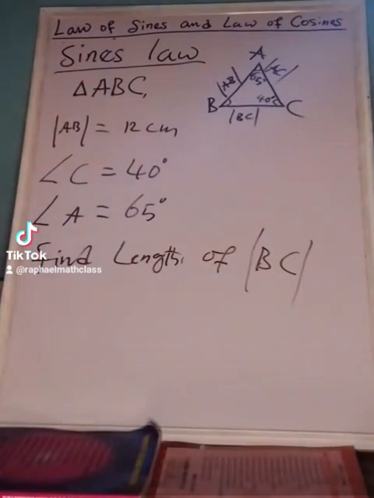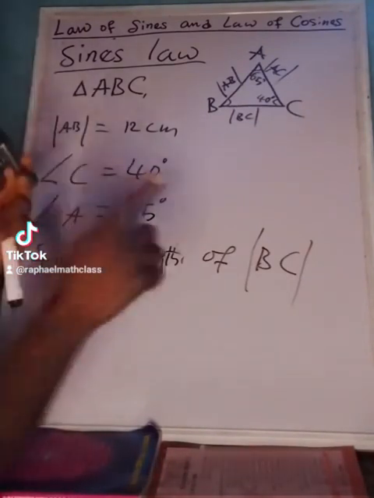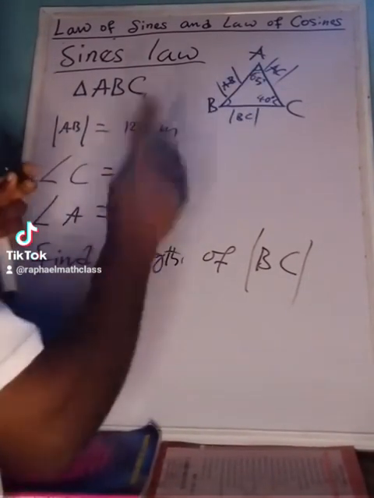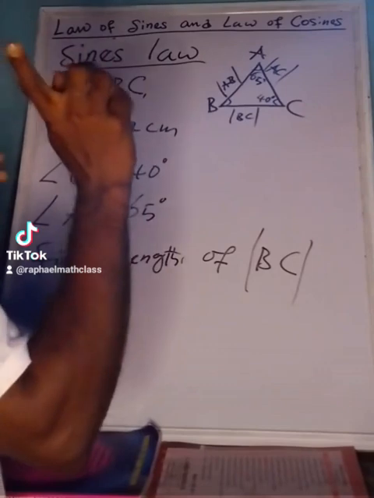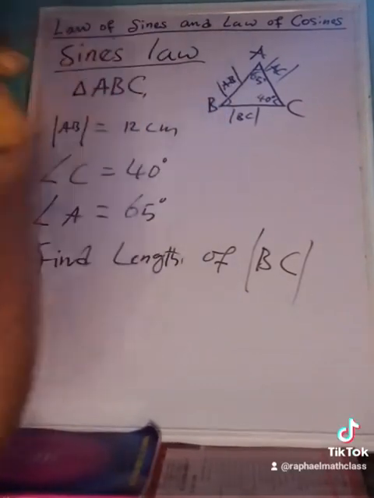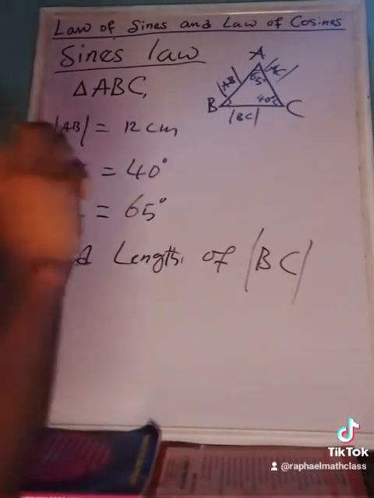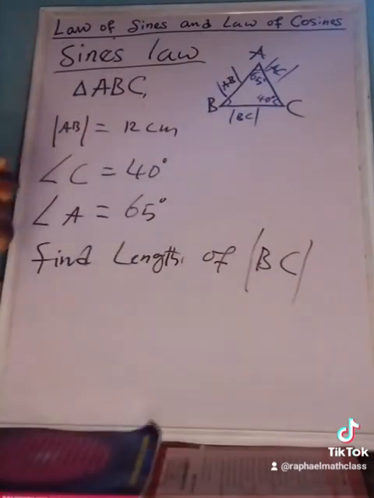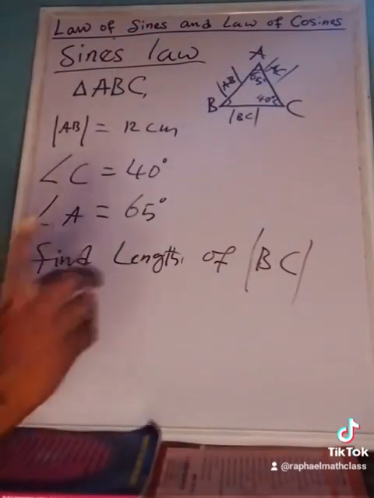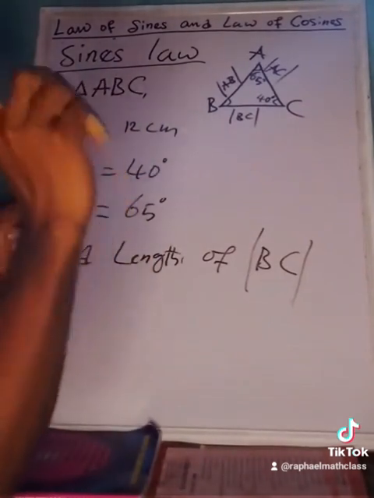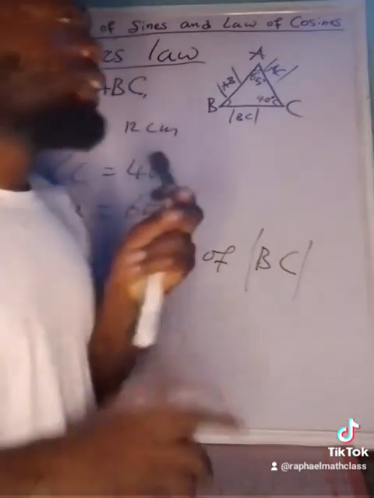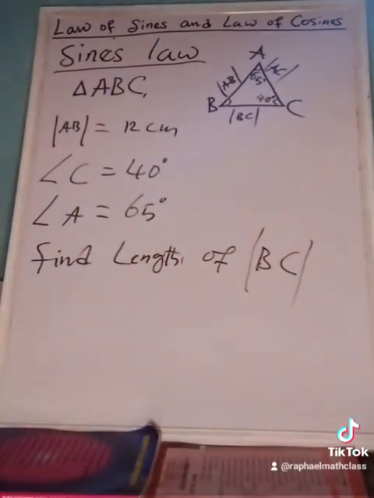The side facing angle A is not given, but the side facing angle C, which is AB, is given to be 12 centimeter. So whenever you have at least one angle given and the side facing it is also given, then you can apply sine law.